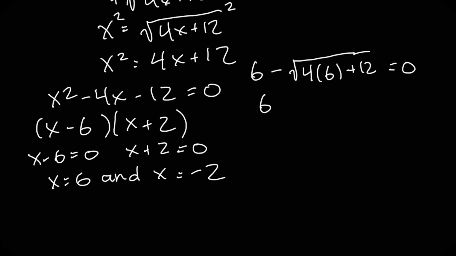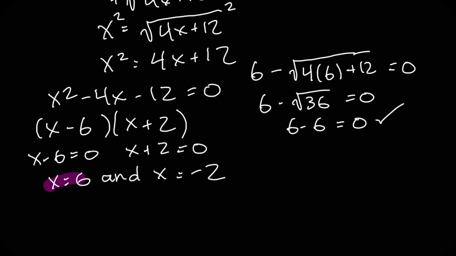This will get us 6 minus the square root of 36, which is just 6 minus 6 equal to 0. That makes sense. So we can highlight our x is equal to 6.